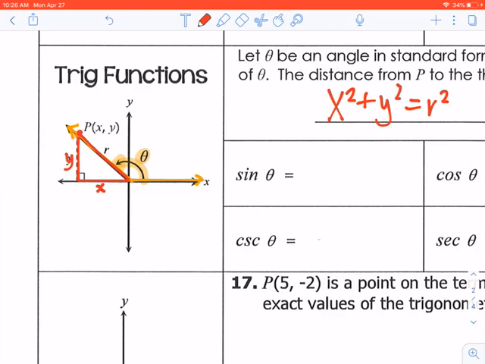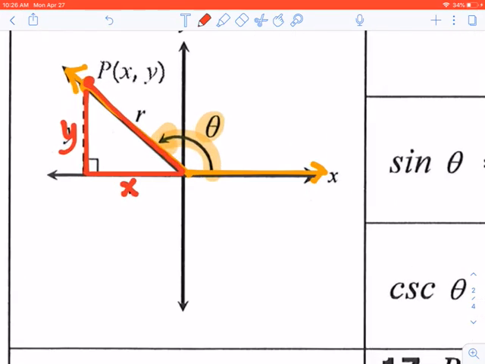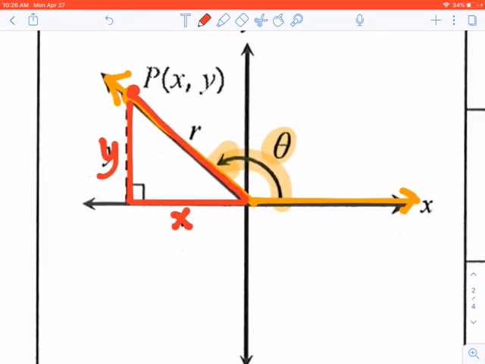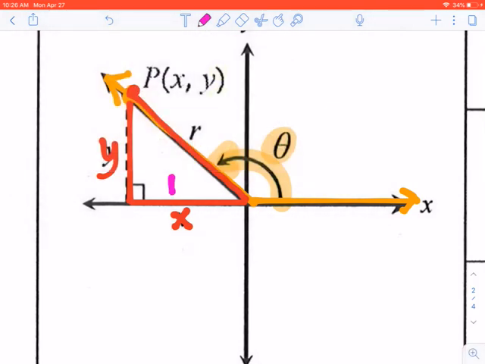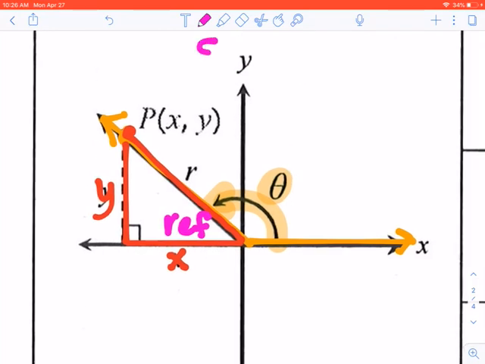Now, in order to find the sine of this angle, what we can do is use this reference angle right here, the one created with the x-axis, okay? And I can do SOHCAHTOA, okay?